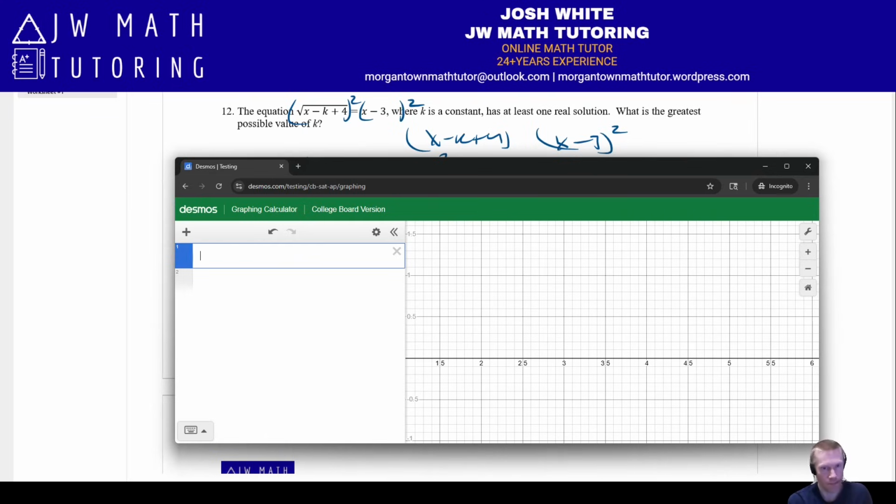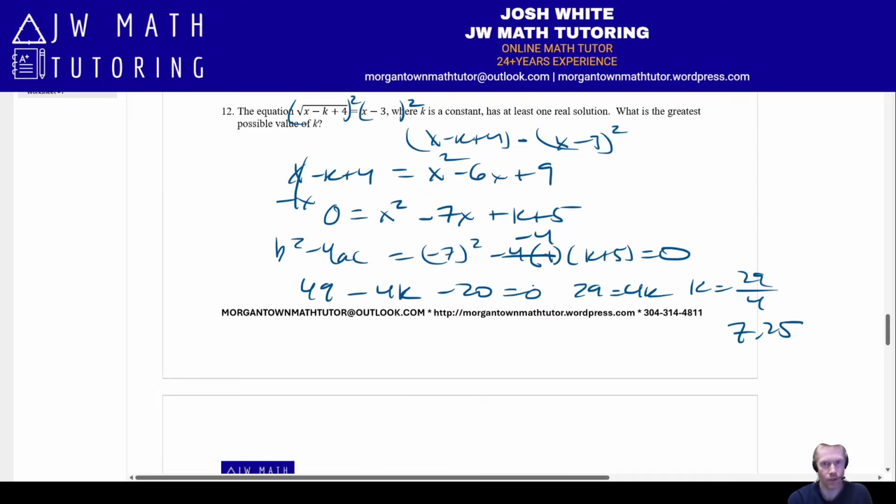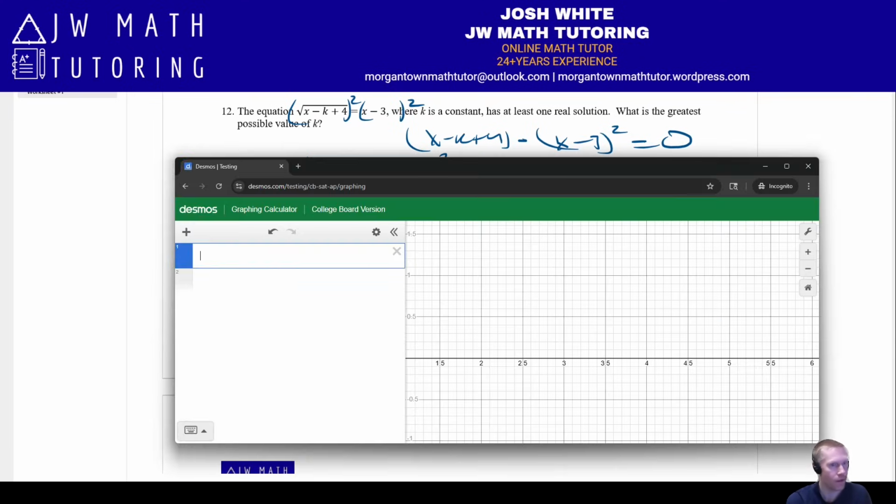So first step is the same. You square both sides. Second step, get everything into one function. So in other words, pull everything over to one side equal to 0. So I'm going to have this now, and I'm going to type a regression statement.